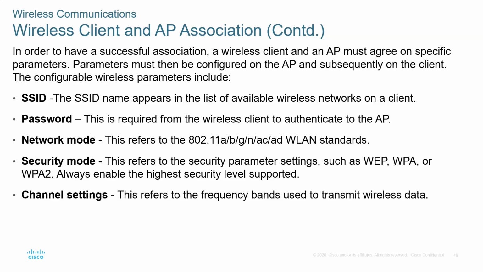You need to have a password to type in so that your device can send it to the access point, and the access point will authenticate you. Now, your device can be running on a mode. You can be on either A, B, G, N, AC, AD, or even AX, the new one that is available. So some of these are backward compatible, others are not.